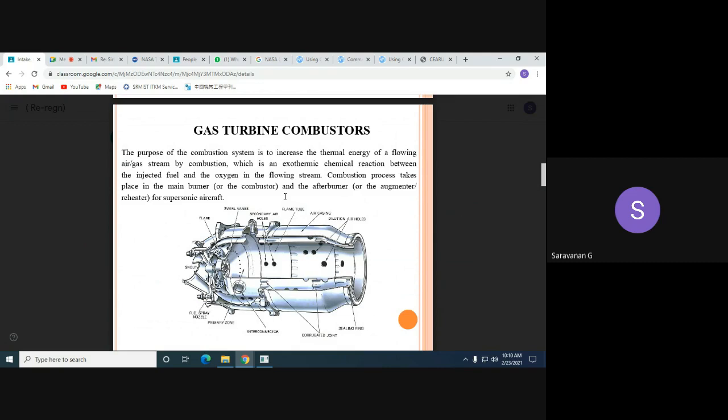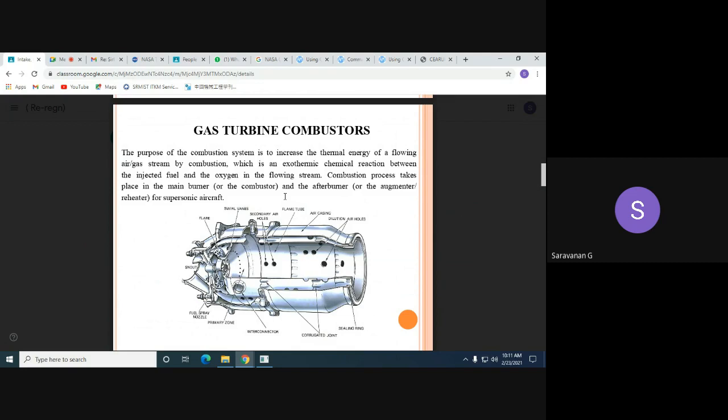Endothermic means absorbing heat, so we have endothermic and exothermic. Exothermic liberates heat, producing gases and liberating energy.